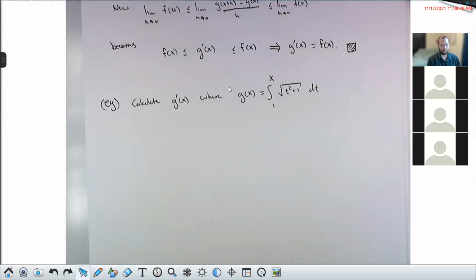Again, the main thing here is that when you differentiate this, all you're really going to do is take this function and plug in this variable.